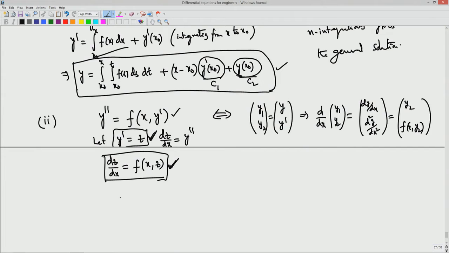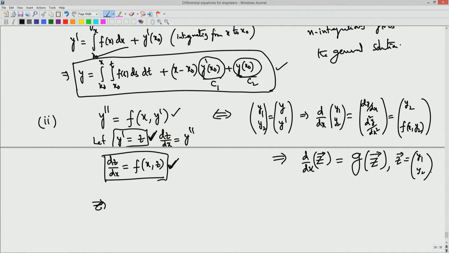So, you can see that d dx of some z, in vector form, is equal to some function, let us call this g of z bar, where z bar is y1 and y2. So, you can convert a second order equation into a first order system of equations.